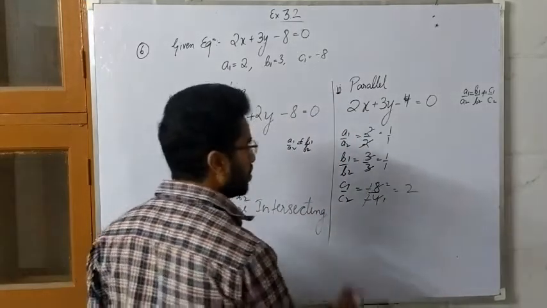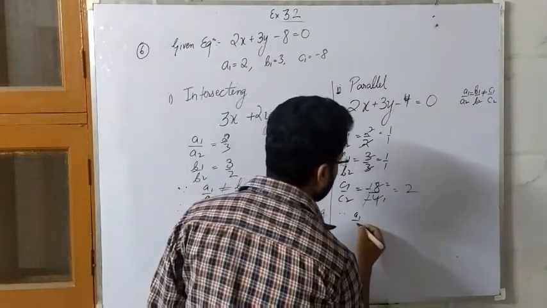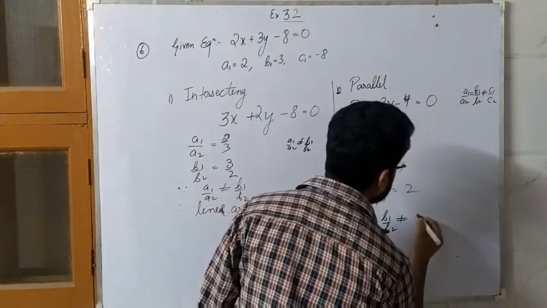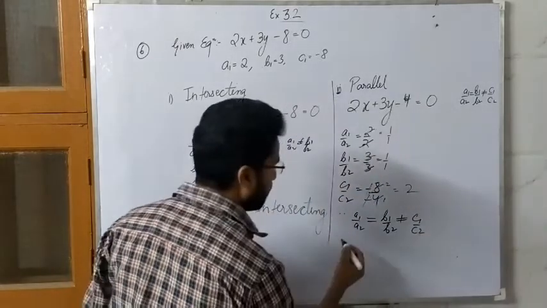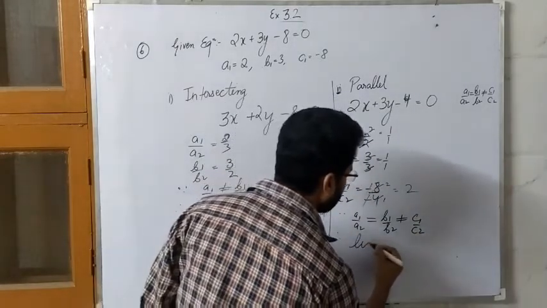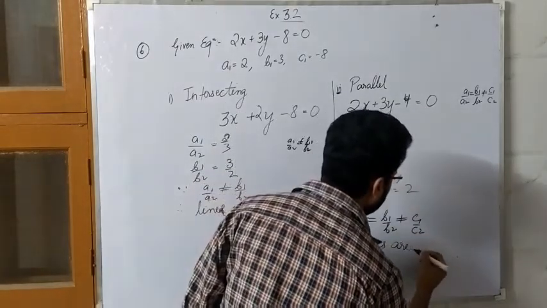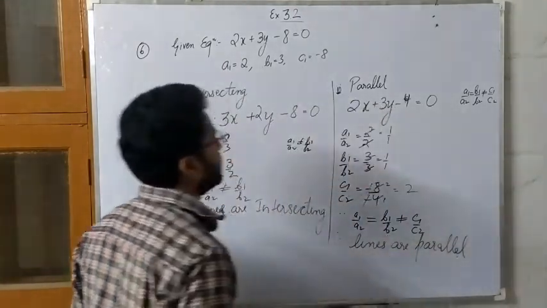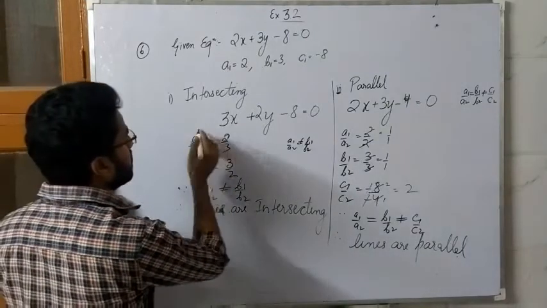So answer is 2. So you will write, since a1 upon a2 is equal to b1 upon b2 but not equals to c1 upon c2, therefore lines are parallel. Therefore lines are parallel, right? Okay, one more thing you need to do, ठीक है?